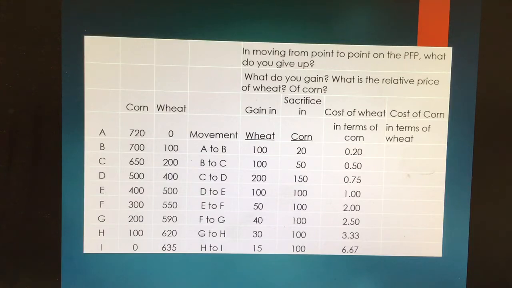But as you move back up the chart, what you would find is that as you produce more and more and more corn, you're going to give up successively greater and greater amounts of wheat, so that in fact it's the reverse order that we see in that column where we're calculating the cost of wheat in terms of corn. Now that's a table.